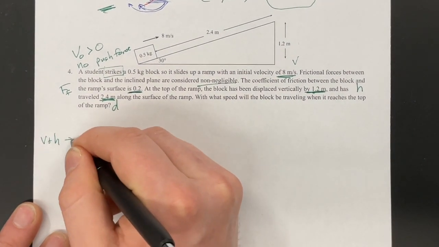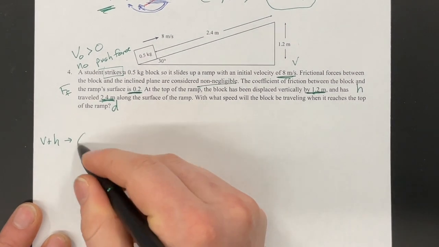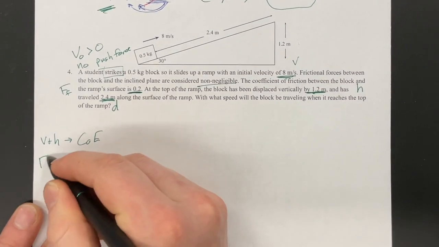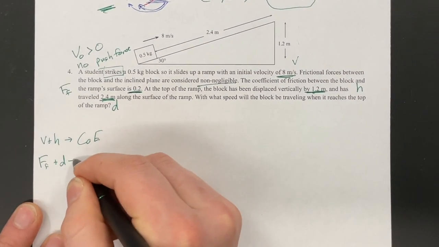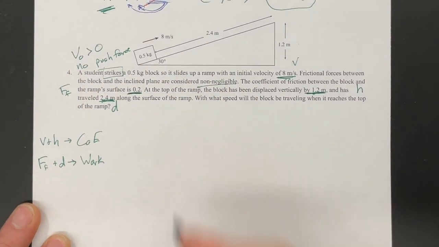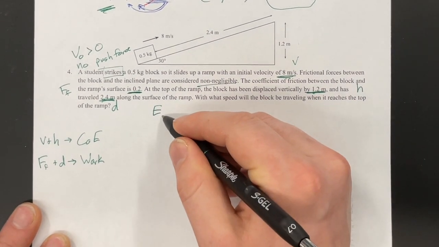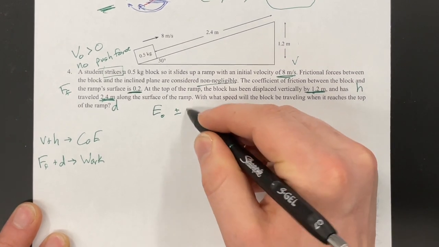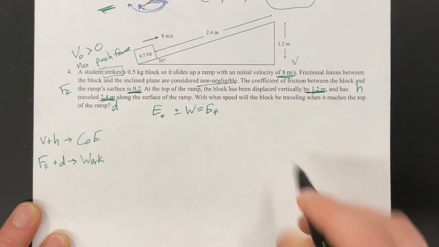Velocities and heights, what does that tell us? Conservation of energy. Force and displacement, what does that tell us? Work. All right, so we know our starting point. E naught plus or minus work equals E final.